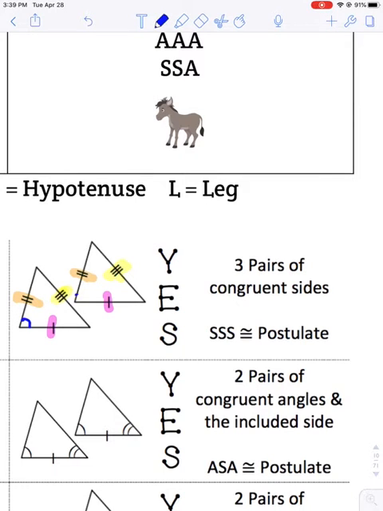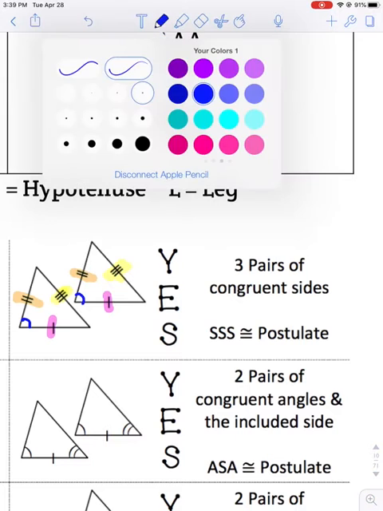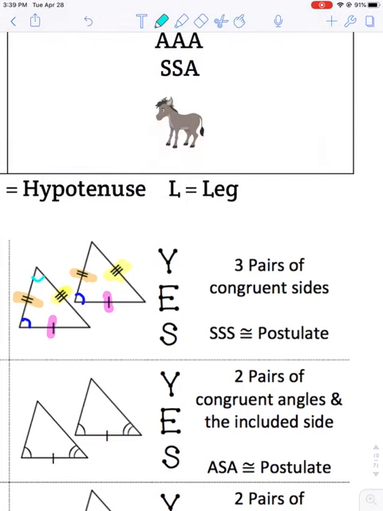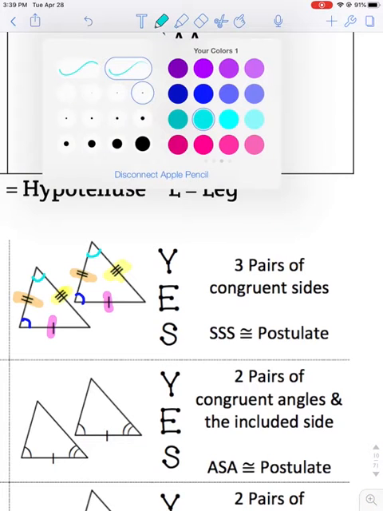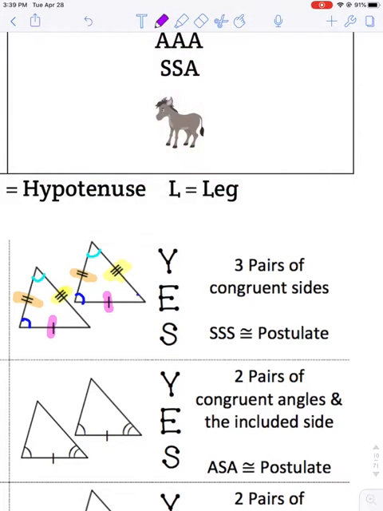They're congruent. I know that the three sides of the triangle are congruent, and then the angles in between them must be congruent. So those two angles between the pink and the orange have to be equal. These two angles between the orange and the yellow have to be congruent and have the same exact measure. And then these two angles between the pink and the yellow have to be congruent.